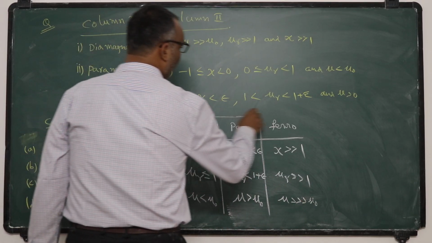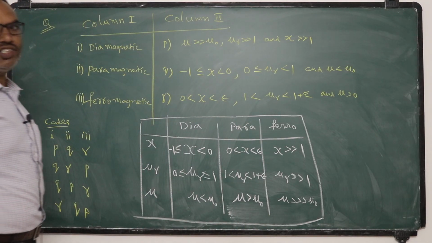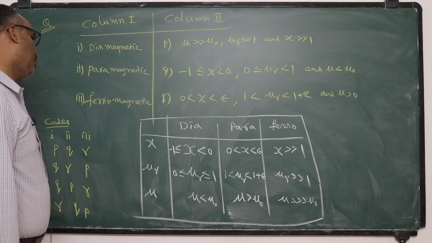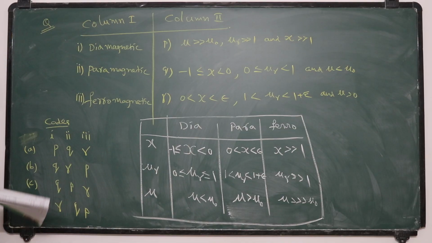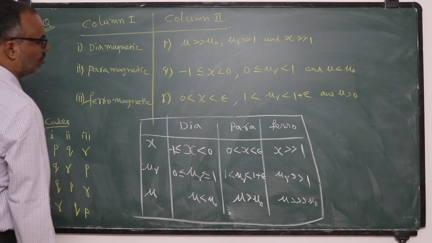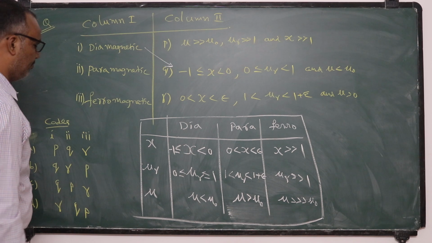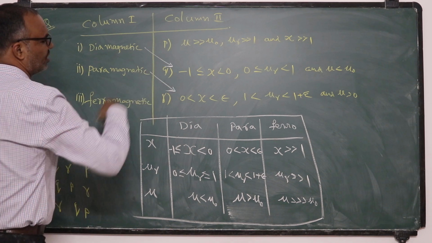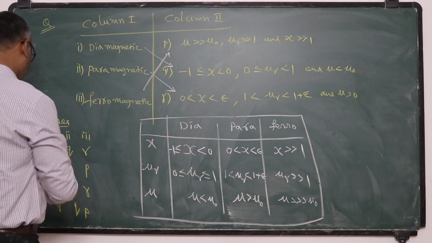So this is the table known to us based on the discussion we made earlier. Comparing the options here, the most suitable option is: diamagnetic substances are having these properties, paramagnetic substances are having these properties and ferromagnetic substances are having these properties.